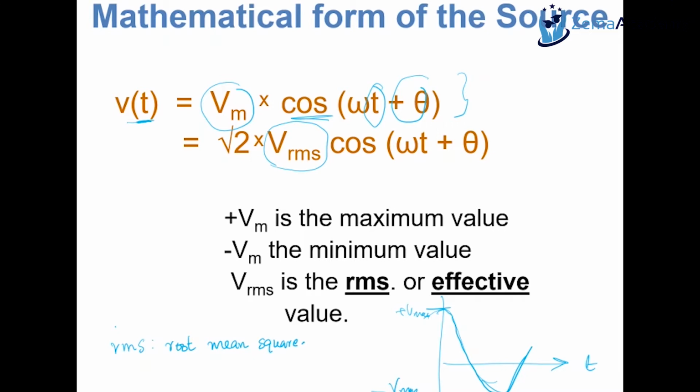For example, the voltage in your house, the single phase voltage, is 230 volts. And that is an RMS value. If you're looking at a sinusoidal waveform, the RMS value will be somewhere there, 230 volts on your 50 Hertz supply.